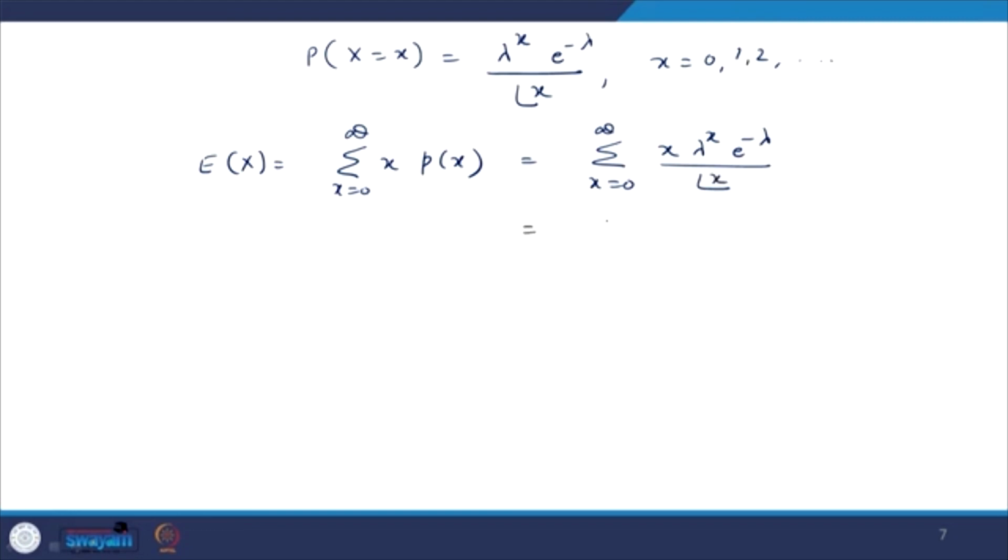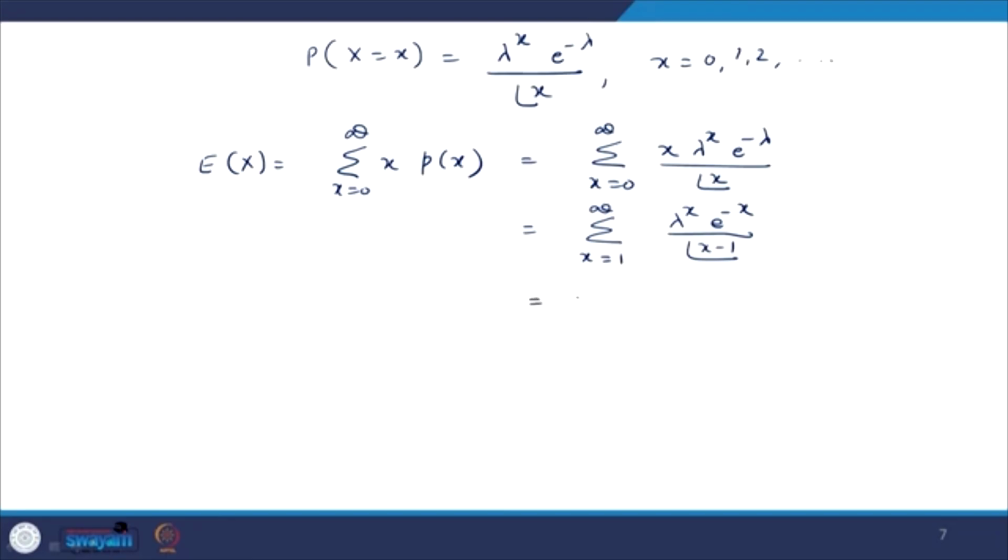So, that will be summation lambda raised to power x, e raised to power minus lambda, upon factorial x minus 1. Of course, x is from 1 to infinity now, because for 0 it is obviously 0.